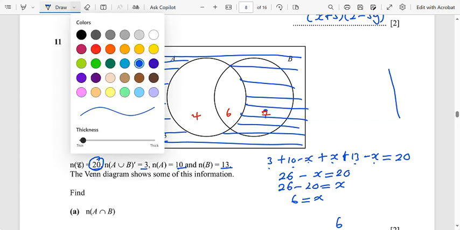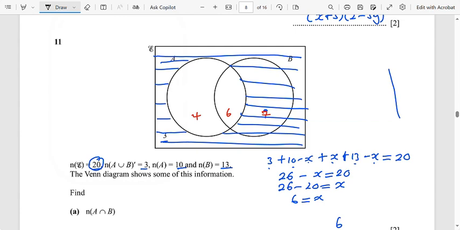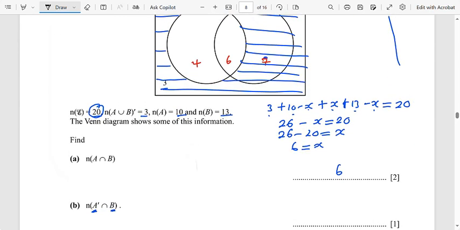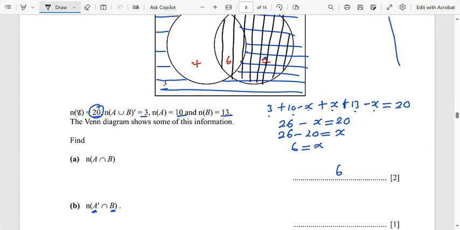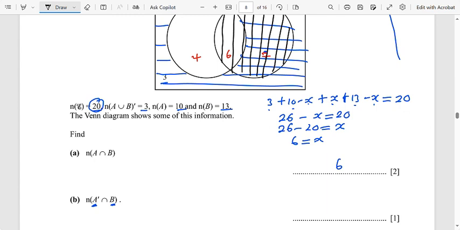And with vertical black lines, I'm going to shade set B, because I have A complement intersect B. So set B is the circle B itself. The correct answer here, for A complement intersect B, is where the horizontal lines intersect with the vertical lines.